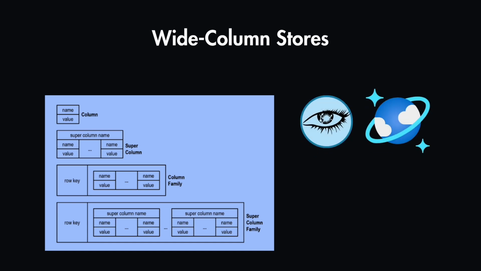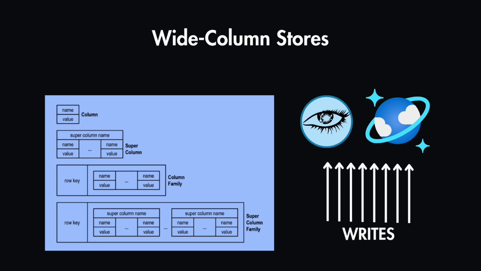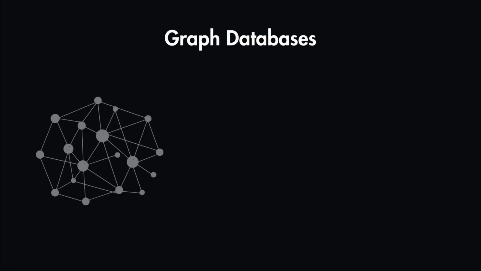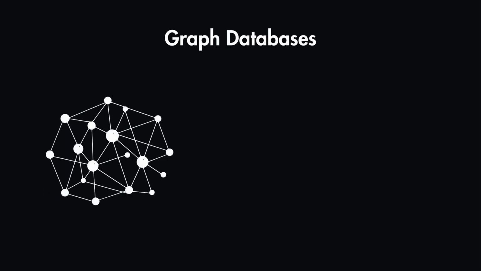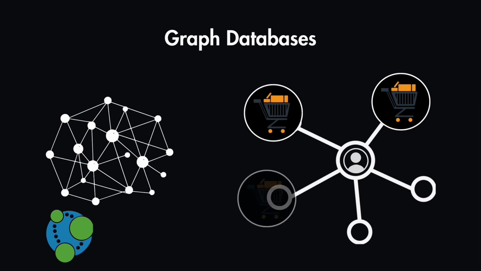The main advantage of these databases is they can handle massive scales and are very good for many write operations. The other option is graph databases, which focus on storing the entities and their relationships as graphs. An example of a graph database is Neo4j. For example, Amazon uses the Neptune graph database, which helps them make product recommendations based on your previous orders.